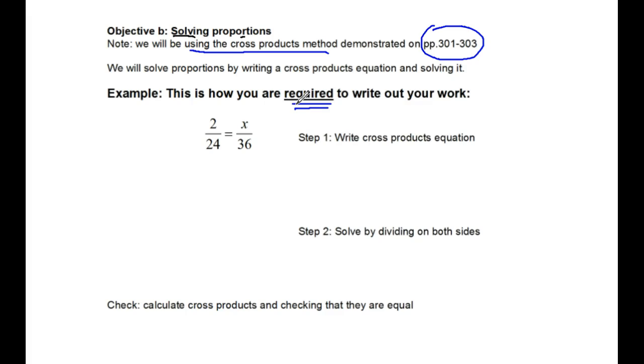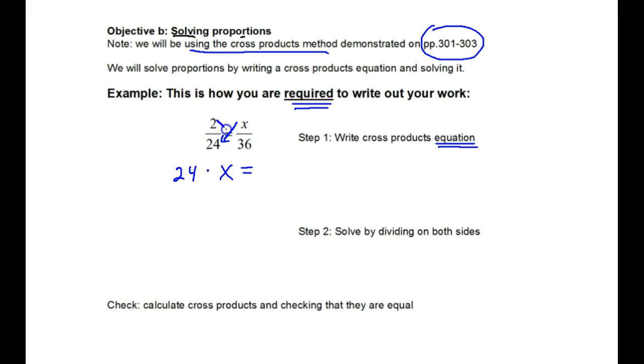One of the main objectives of this course is to work with equations. Equations are two things that are equal. There's a variable involved. We're trying to find something. We're going to write a cross products equation. Like we did with the other proportion, we're going to take the two numbers that are diagonal, x and 24. This dot means times.